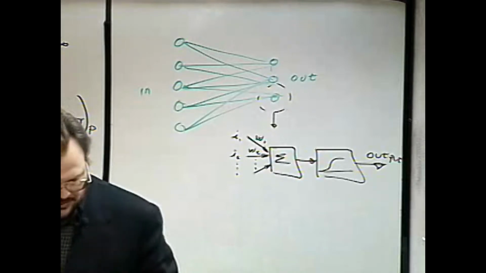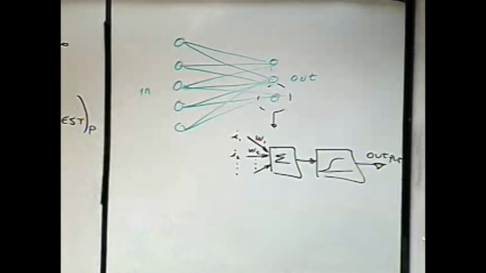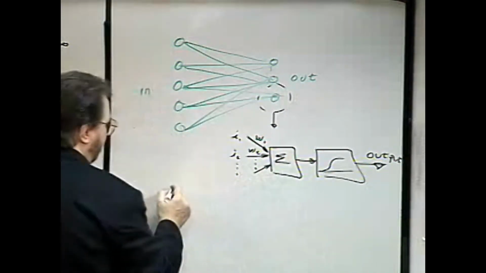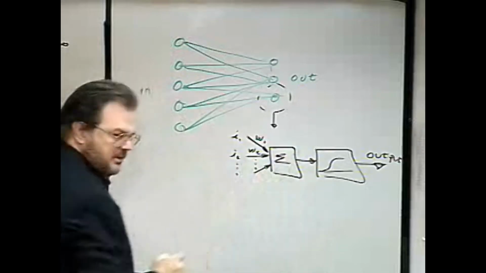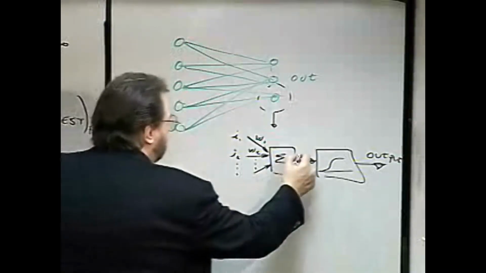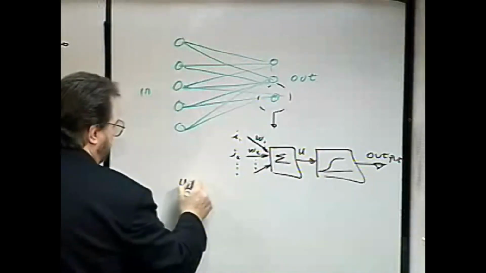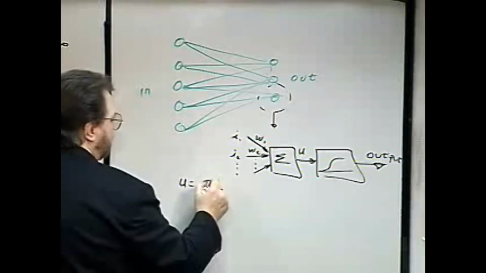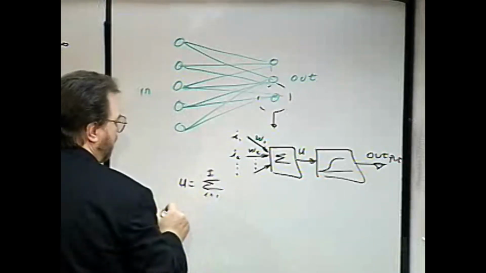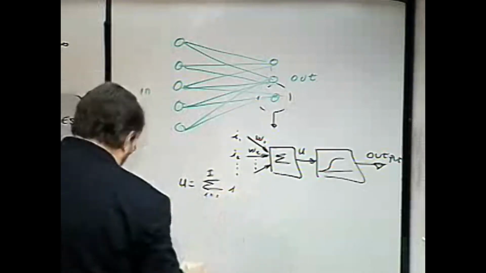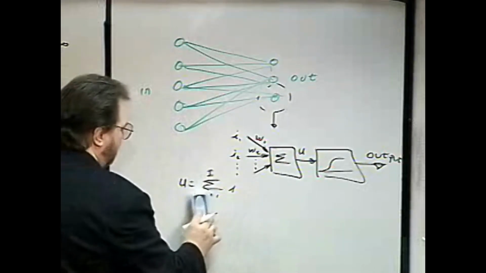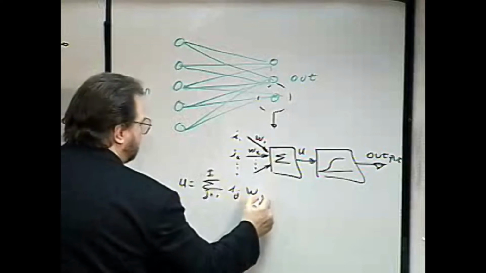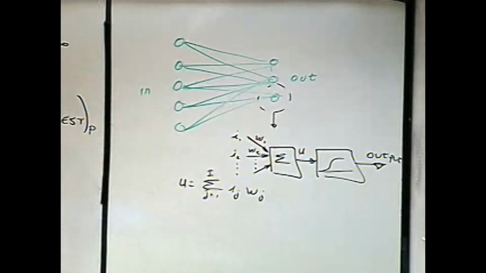Now, one of the interesting observations is that the input-output relationship here is as follows. If we perform this operation, we have the summation. Let's call this U. U is equal to the summation of, say, j equal to 1 to J, corresponding to the number of inputs, of I sub j times W sub j. I can't use I, can I? I can use J, since we're not using square roots of negative ones. That's what U is equal to.